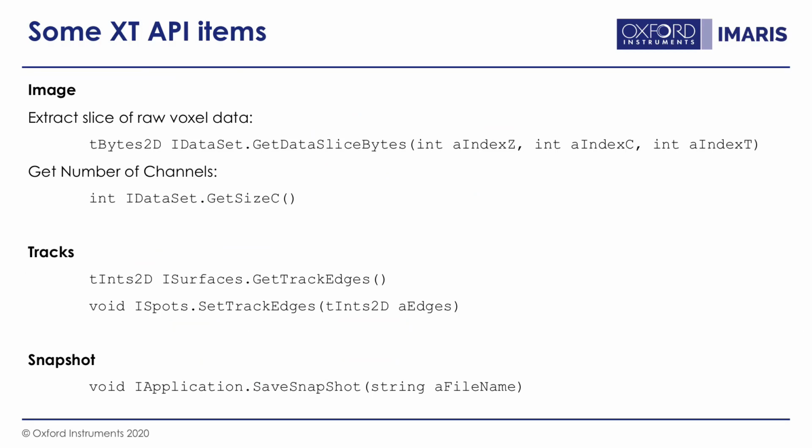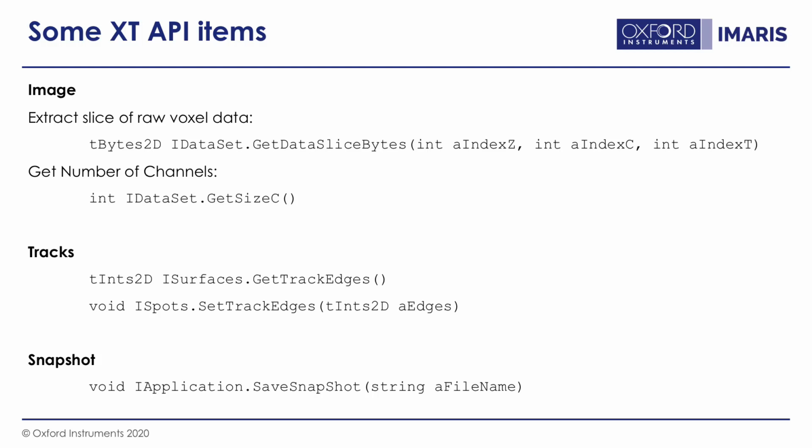So, for example, for the image, if you want to get the data of the image, you know, in Imaris you can have huge images, and of course you typically don't want to copy gigabytes of data in one call.